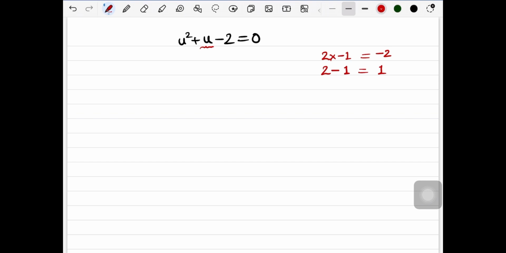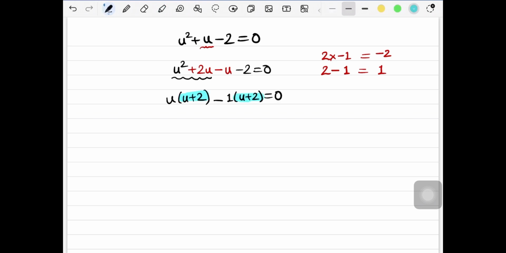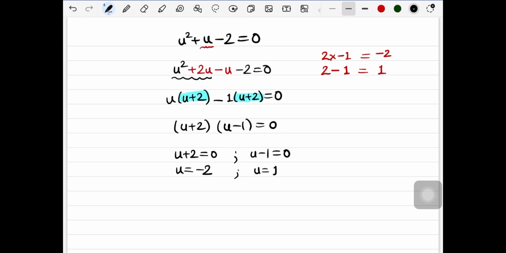Okay, so let's put it quickly. So we got u equals minus 2 and u equals 1.